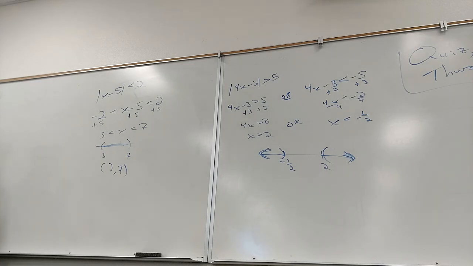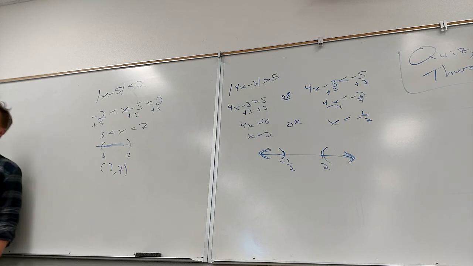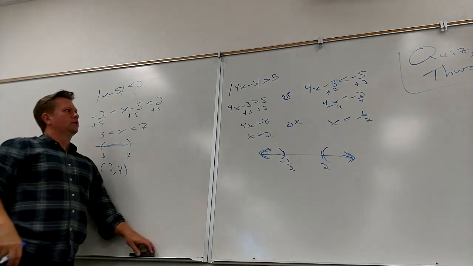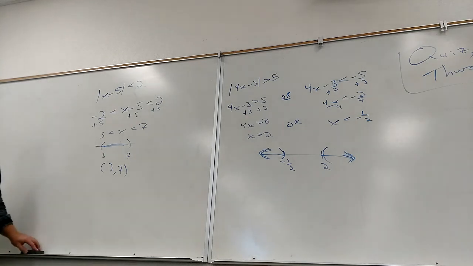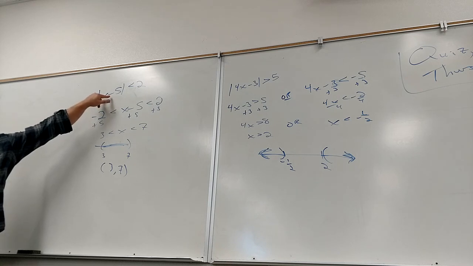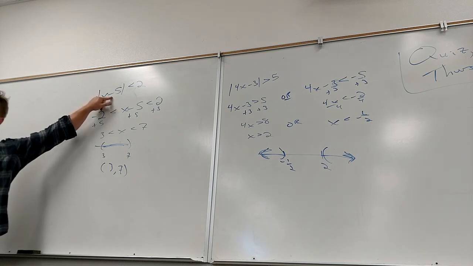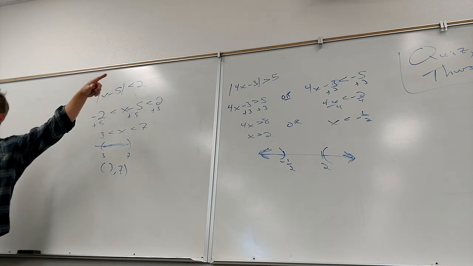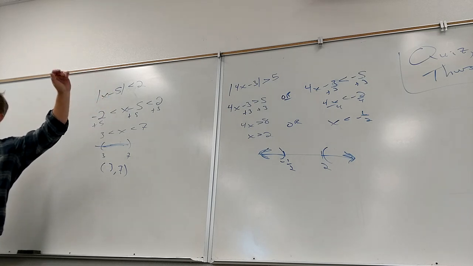Yes? Why is it a negative 2? Do you have to do that? Yes. Okay. So absolute value. What's the absolute value of negative 1? Is 1 less than 2? Is 1 less than 2?